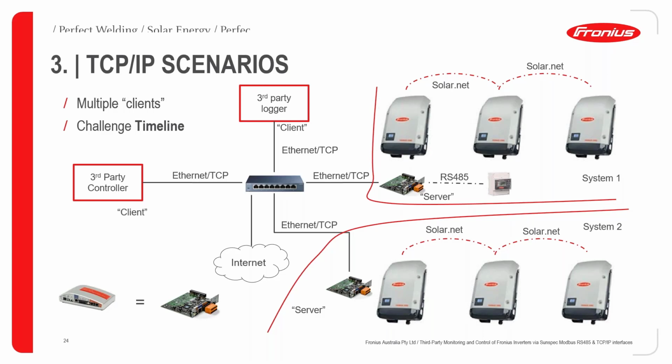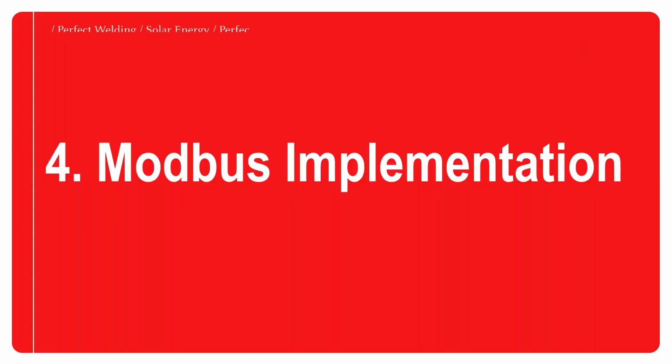One challenge you will have is the actual timeline. For example, if you want to have multiple monitoring, multiple control, which one comes first? If one client wants the data first, how much data it wants, how long it will take. So just something to think about when you implement multiple requests.